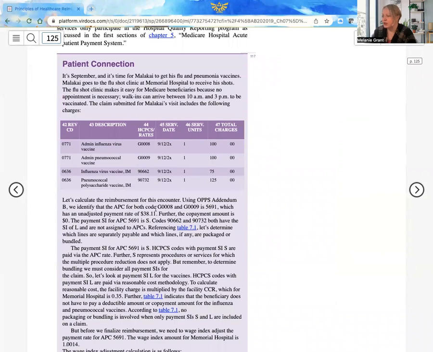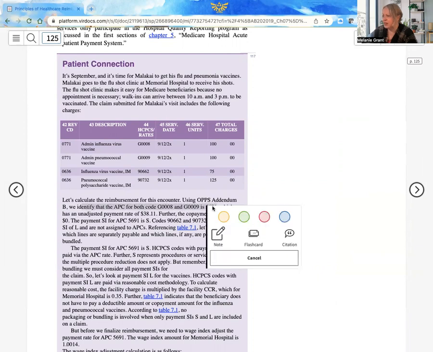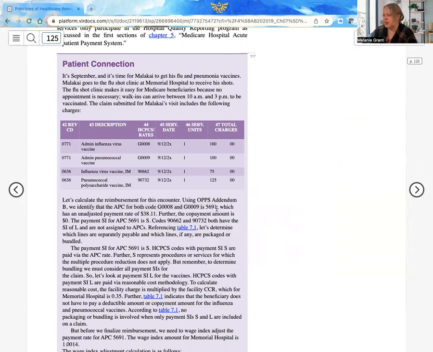So the first thing we're going to do is identify the APC code for both G0008 and G0009. It tells us here that it's 5691, and that gives us an unadjusted payment rate of $38.11.